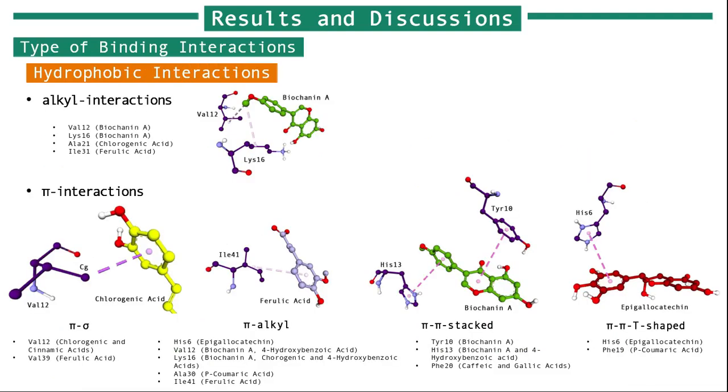The next one is the hydrophobic interaction, which consists of two types, alkyl and pi interactions. The alkyl interaction involves the alkyl groups of the phenolic ring and the AB42 residues, whereas the pi interaction involves the electrons from the pi system of the aromatic ring with sigma, forming pi-sigma, or with alkyl, forming pi-alkyl, or with electrons from the pi system of another aromatic ring, forming pi-pi.